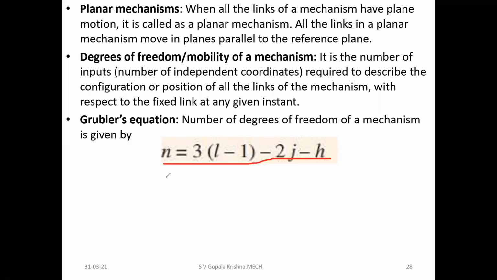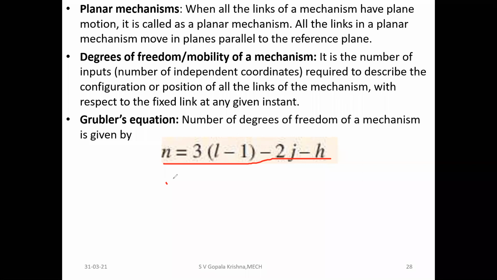But when the body is in space, it is different. Another formula is there for degrees of freedom: 6 minus 5p1 minus 4p2 minus 3p3 minus 2p4 minus p5.